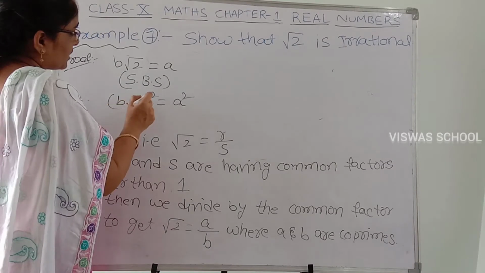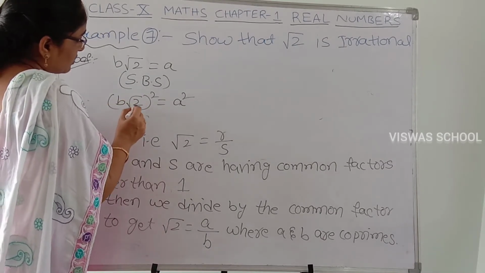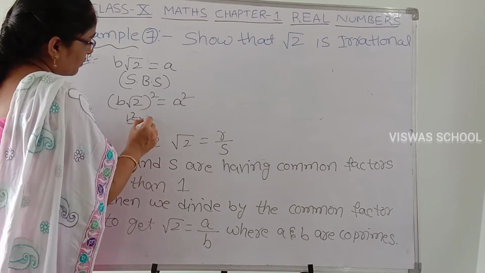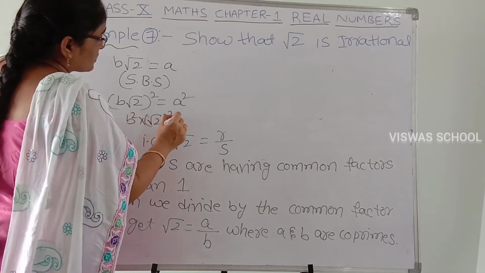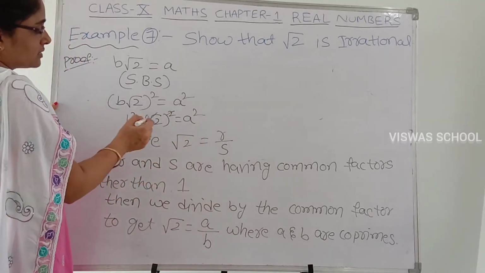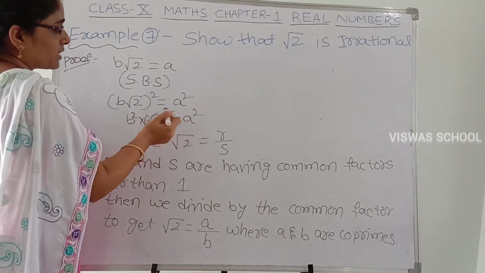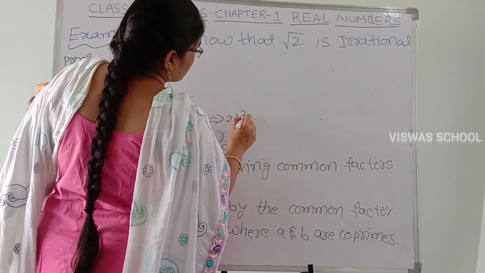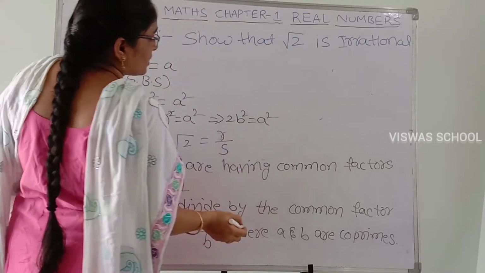That means B square into root 2 whole square equals A square. Here, square and root cancel. Now it is 2B square equals A square.